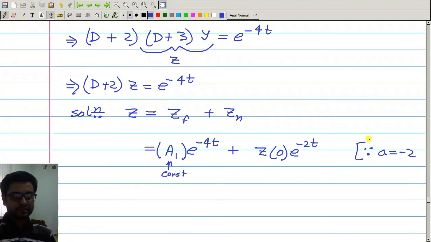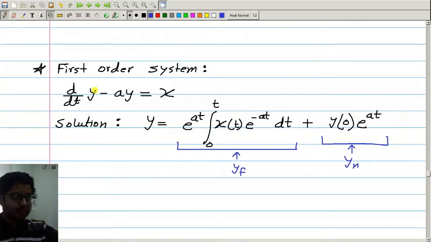Okay, comparing with the standard form here.